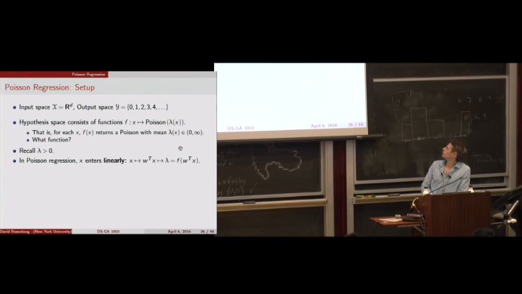So we need a transfer function f to map a real number into something greater than 0. There's better and worse ideas for this. The standard one is to exponentiate. E to a real is always greater than 0. So that would be our transfer function for Poisson regression. Fit it with maximum likelihood, and that's Poisson regression.